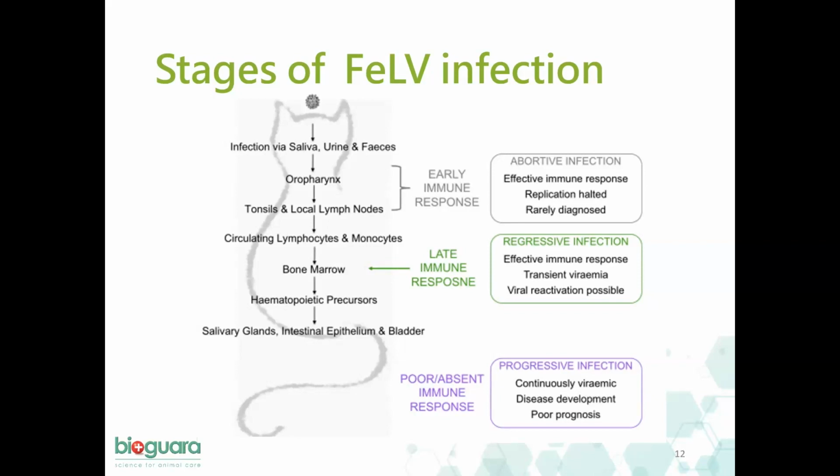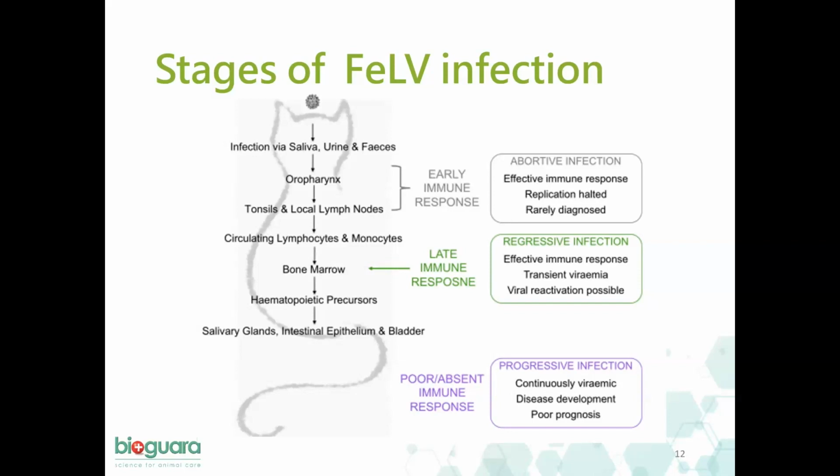And there is extensive viral replication first in the lymphoid tissue, then the bone marrow, and subsequently in mucosal and glandular epithelial tissues. And this is associated with the excretion of infectious virus, mainly in saliva, but also other secretions.